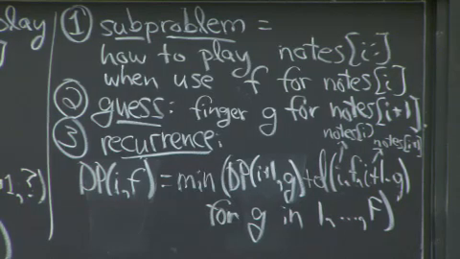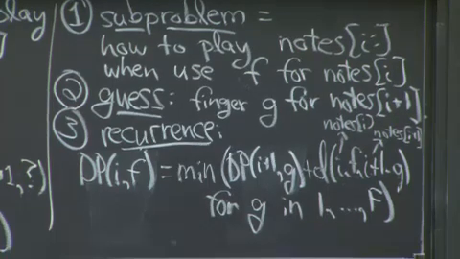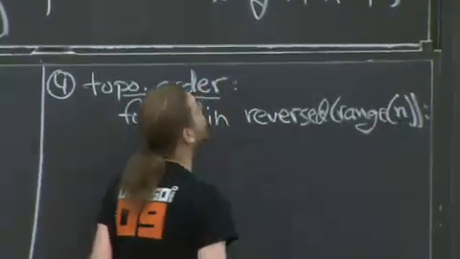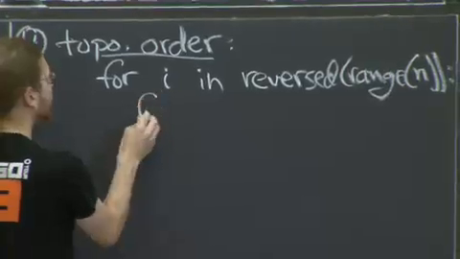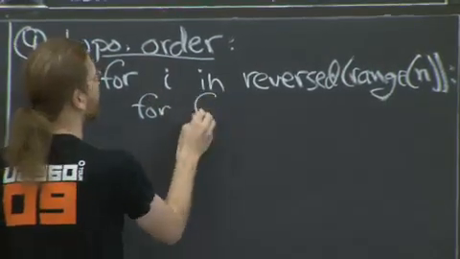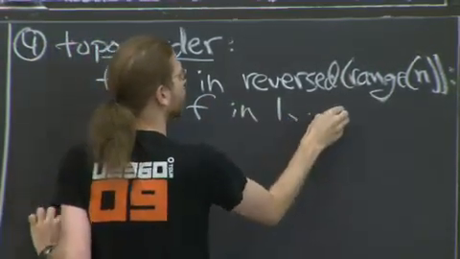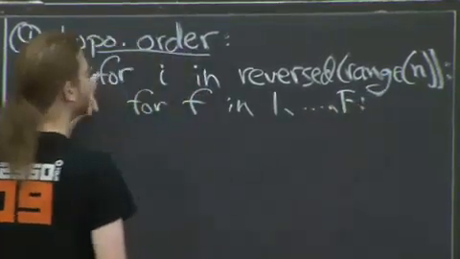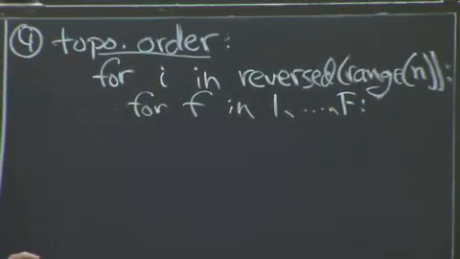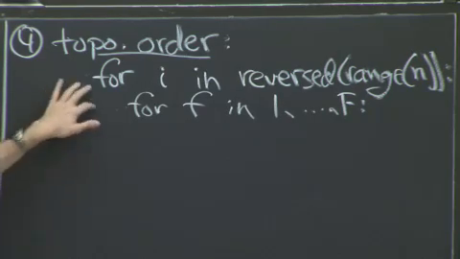So I would write reversed range n in Python. There are n notes. And then within that loop, I would do a for loop over f. If you reverse the order of these for loops, it would not be in the right order. Pretty sure. But this one will work.